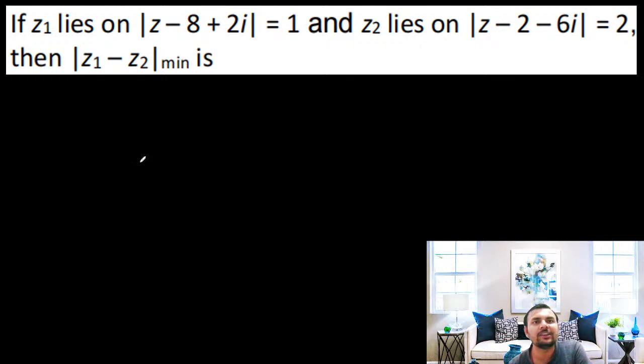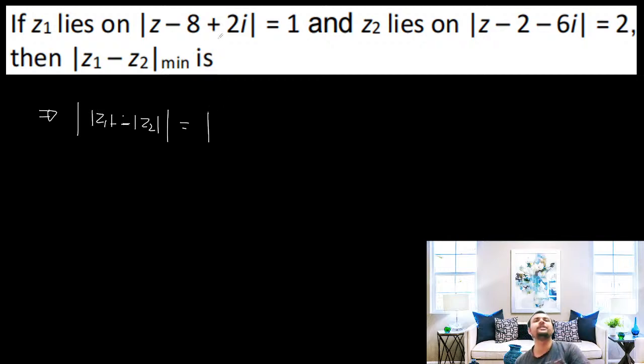If Z1 lies on this, Z2 lies on this, then Z2 minus Z1 minimum is what we have to find. So Z2 minus Z1 minimum is mod of Z1 minus mod of Z2. This is Z1.